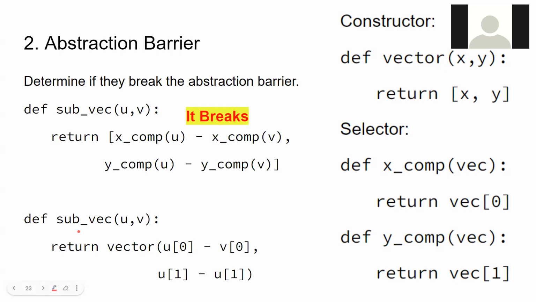For the subtraction vector function, we can check another subtraction vector function. So we have u and v here. So we return vector, okay. We actually use the constructor function. So what's the next one? Oh, you use the list again.